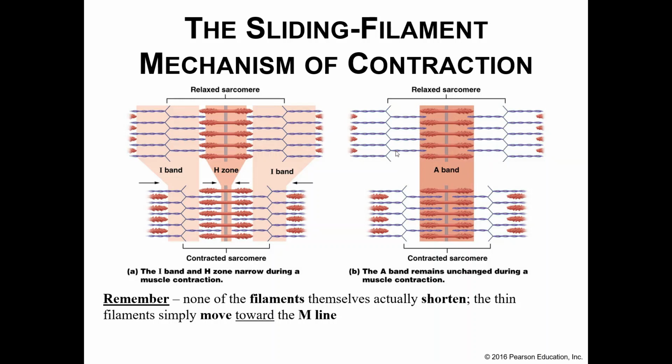It's the thin filaments that move. They get pulled inwards. So this A band does not change. But remember, we have sarcomere after sarcomere. So when this contracts and starts to pull, the next one contracts and pulls. So collectively, your muscle gets, quote unquote, shorter during contraction.